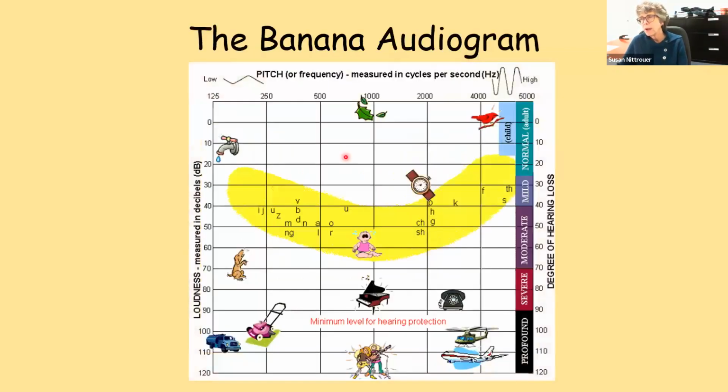You in your work might once in a while come across the banana audiogram. I am not a fan of the banana audiogram. Banana audiogram shows this section in the middle that is shaped like a banana, and on it, some well-meaning clinician or someone put where they thought you needed hearing in order to recognize each of these phonemes.